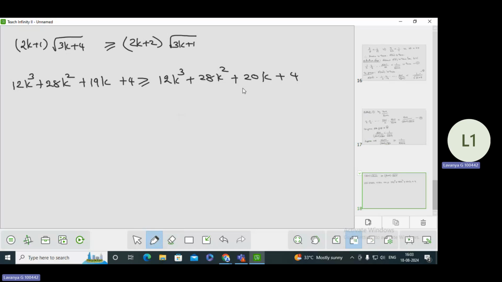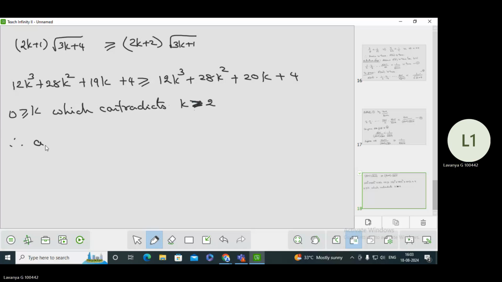Okay. So this implies 0 is greater than or equal to k, which is not our assumption, right? Which contradicts our k greater than 2.